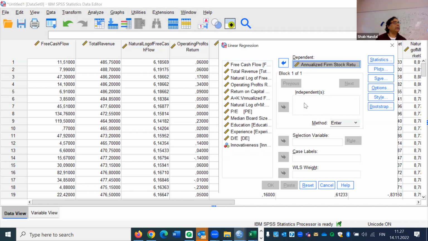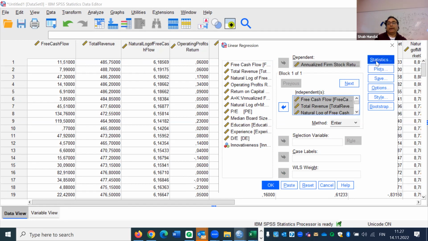And then all of the other variables, you can pick and choose if you want, but because I'm just doing an exercise, I pick all of them in one go. And I put them in which category? Independent. See the cursor? This is Y, and these are X1, X2, X3, and so on.